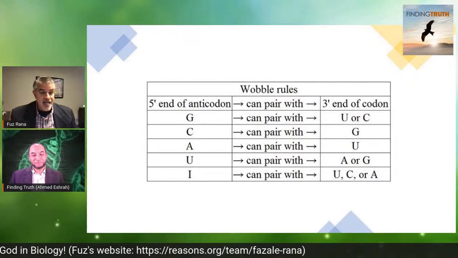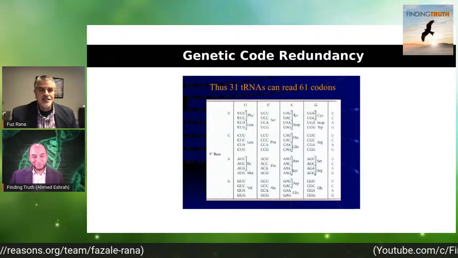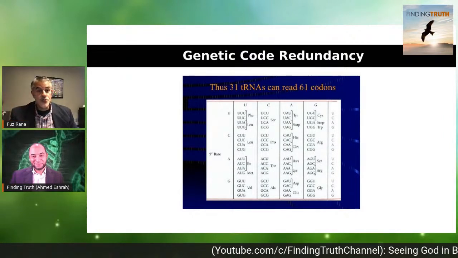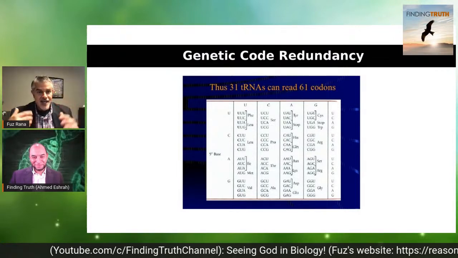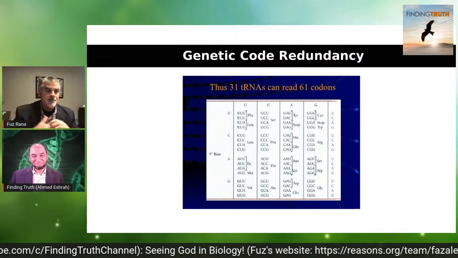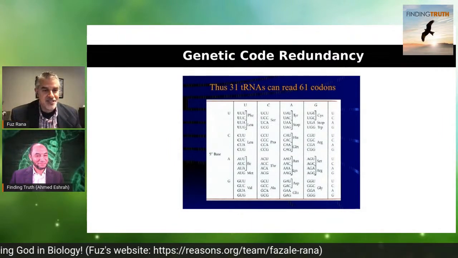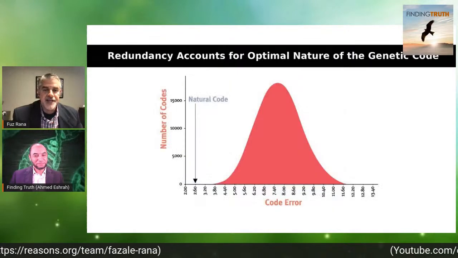The redundancy is actually due to this wobble base. That means you can have 31 transfer RNAs that can read 61 codons. Not all of the redundancy, but a significant portion of it, arises out of the wobble bases.